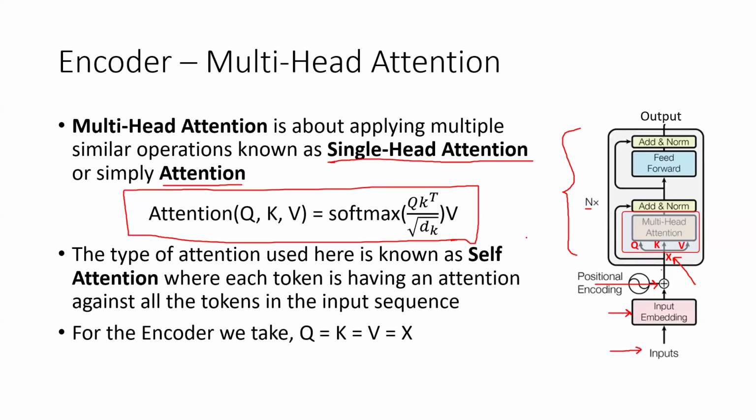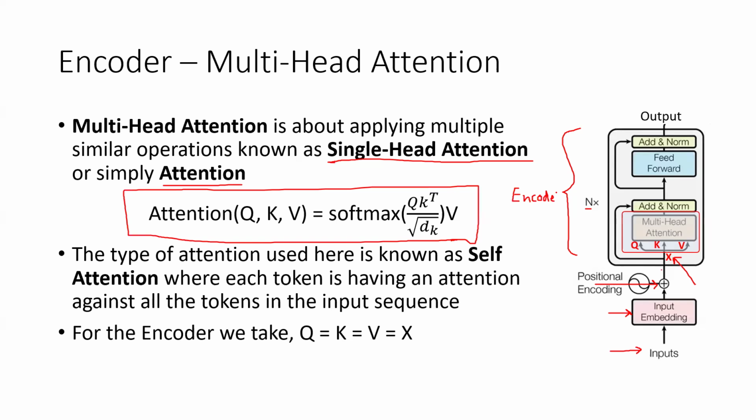Right? So when you're calculating the attention, there are mainly several types of attentions. In this case, because this is an encoder, we are implementing this attention in the encoder of the transformer.